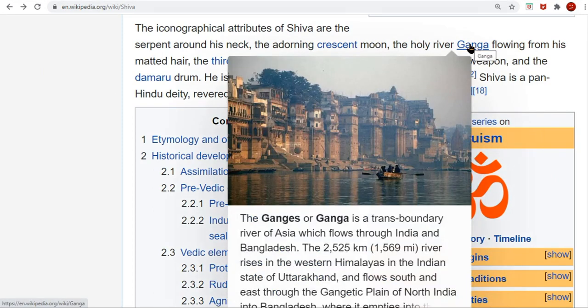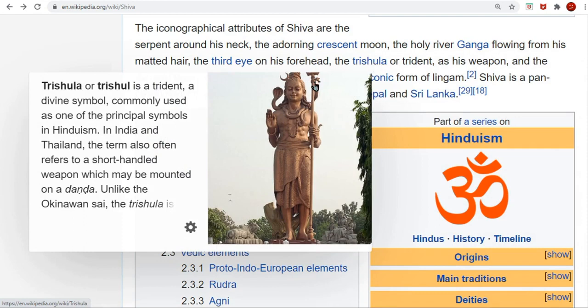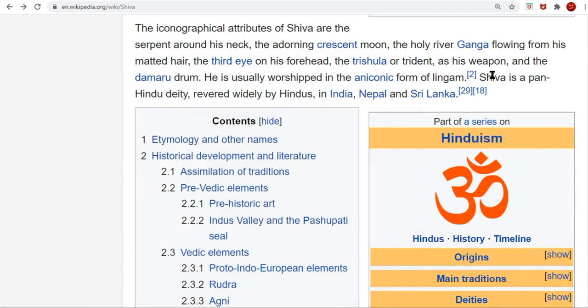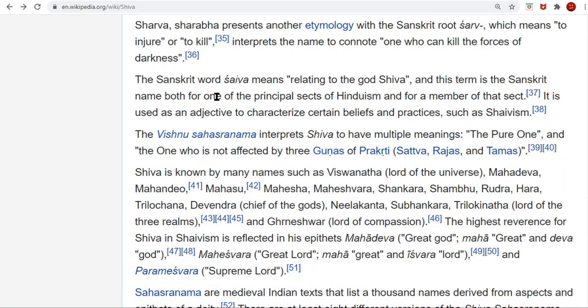Ganga is actually an Indian word for the female buds on top of a marijuana plant. His third eye, his Trishula, the trident of the devil, and his drum. Drum is the word for south in the Hebrew. And the Sanskrit word Shaiva means relating to the god Shiva.